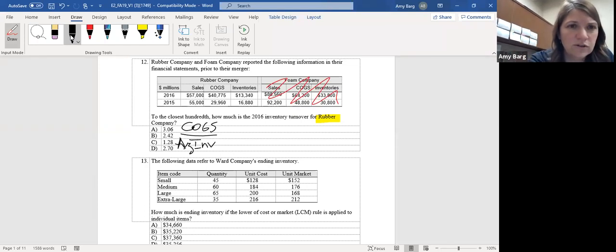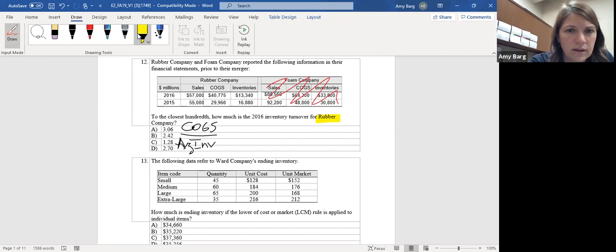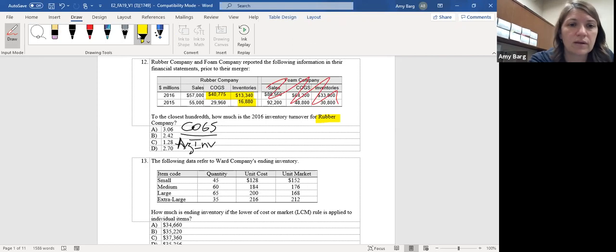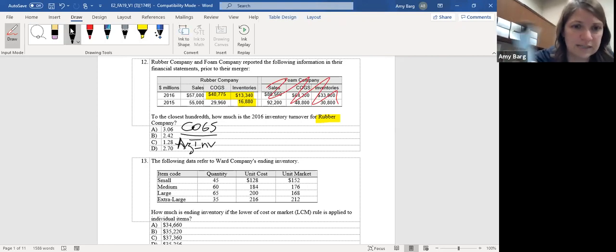So the cost of goods sold is here, it's given to us, but for average inventory we have to average two numbers together. It's the ending inventory from 2015 and the ending inventory from 2016, because the ending inventory from 2015 is the same as the beginning inventory of 2016.